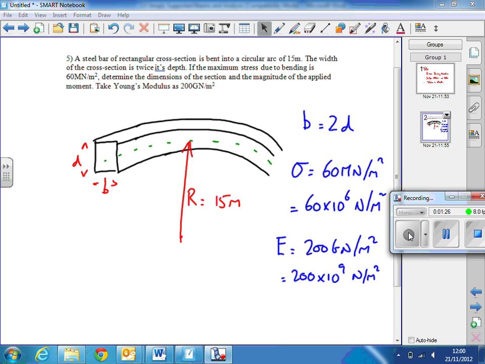So in this question, it doesn't say anything other than that. So we assume that the radius of curvature is measured to the neutral axis, which runs through the middle of the beam. We're also given the maximum stress that this particular beam can take, and values for Young's modulus. And we've got to determine the dimensions of the section. So we need to calculate B and D.